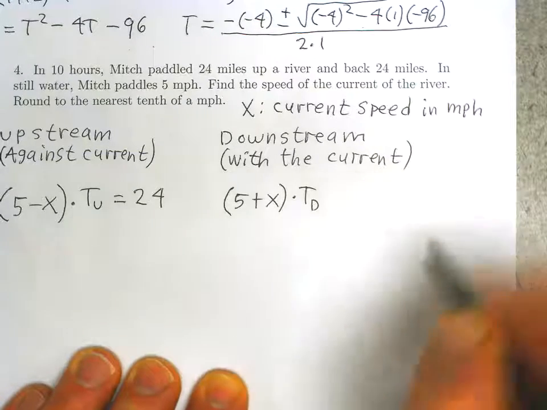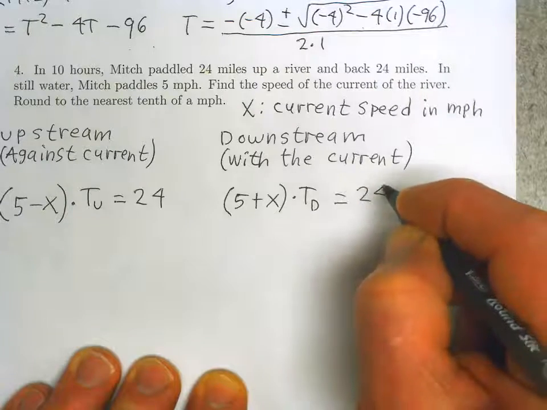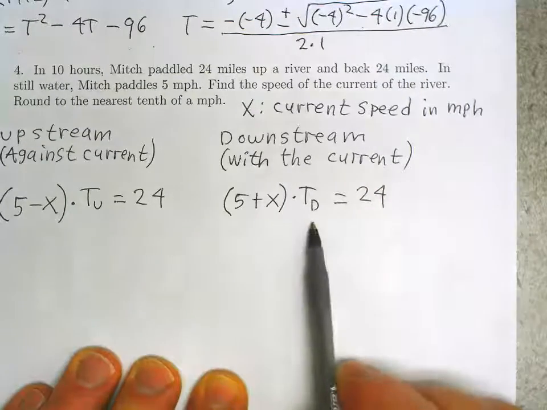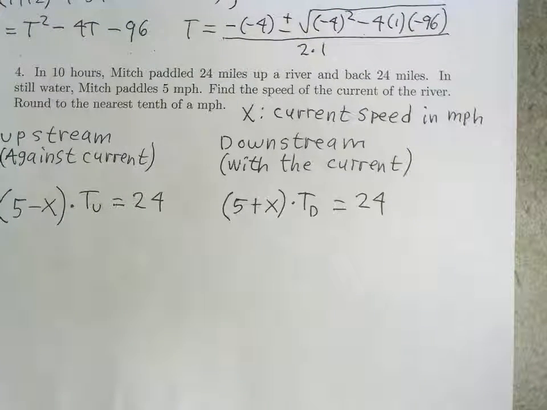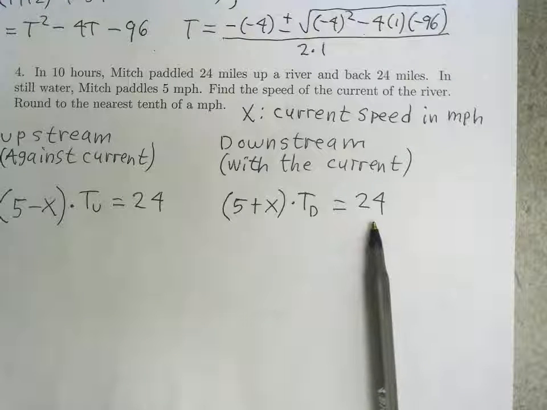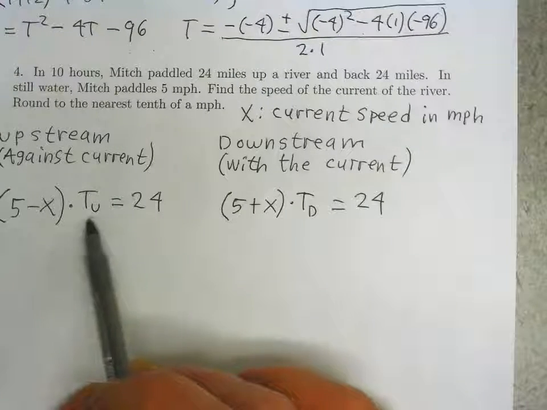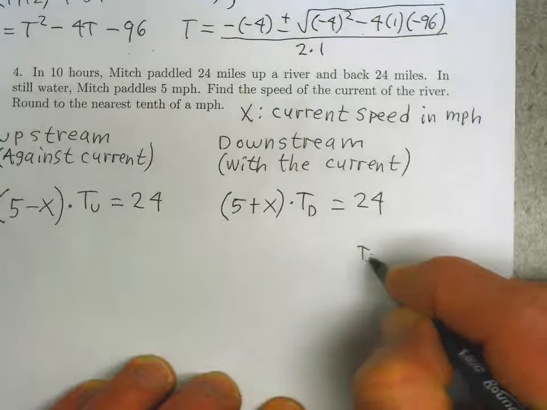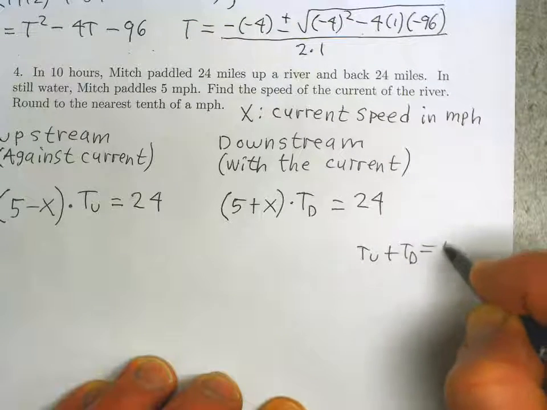And I'll write t sub d for the amount of time it takes to paddle 24 miles downstream with the current. Okay, there's another important piece of information. We're told that the total time to go 24 miles upstream and then 24 miles back downstream is 10 hours. So this amount of time, t sub u, plus that amount of time, t sub d, is 10 hours.